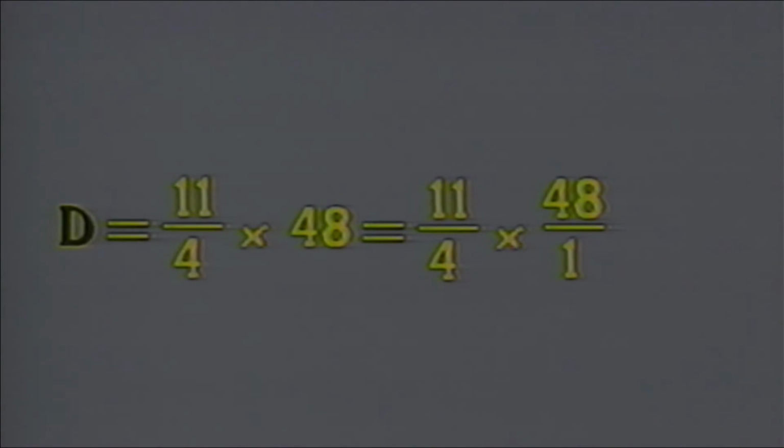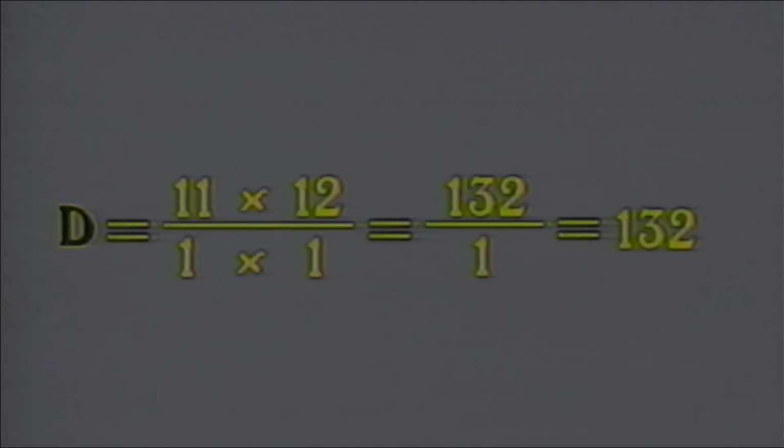Let's simplify before multiplying. 4 is a common factor of the numerator and the denominator. So, divide the numerator and the denominator by 4. The problem becomes 11 times 12 over 1 times 1, which equals 132 over 1, which equals 132.